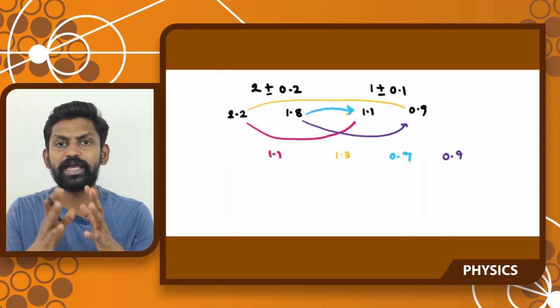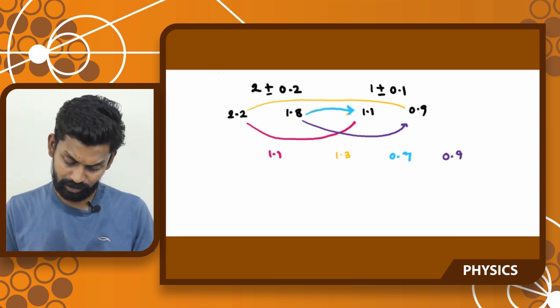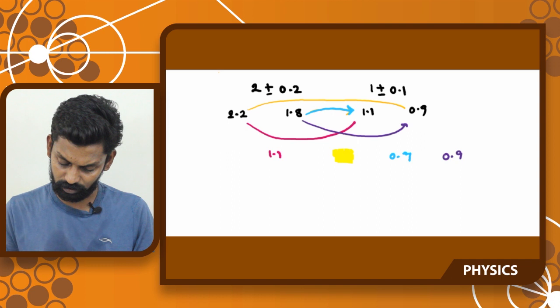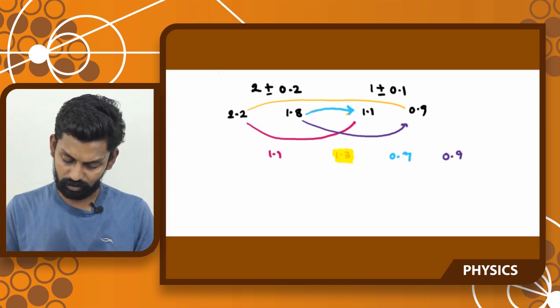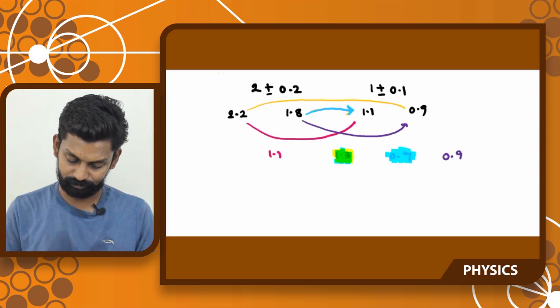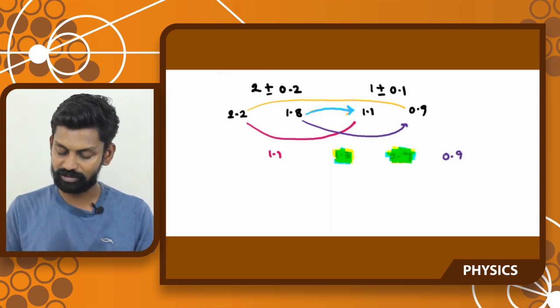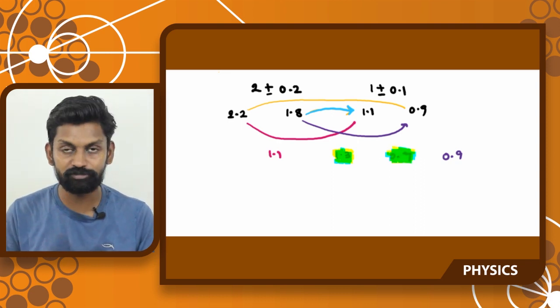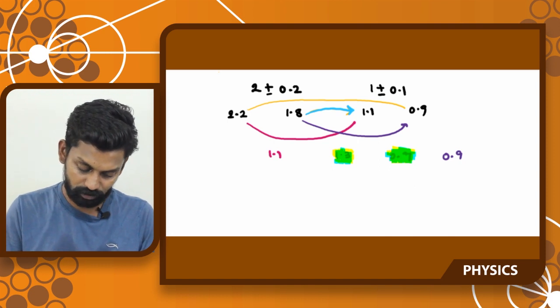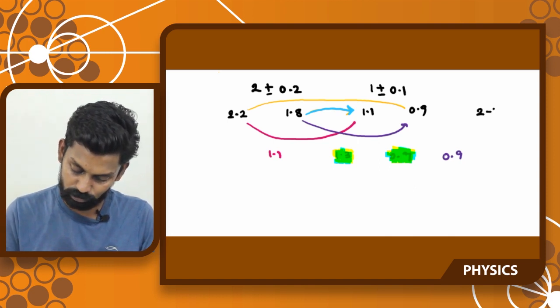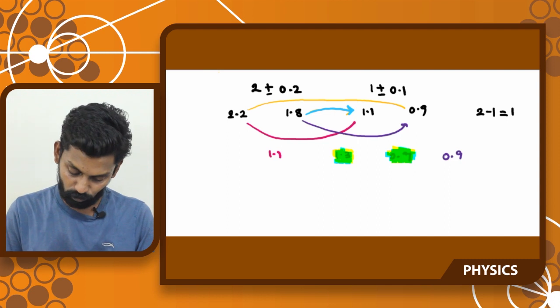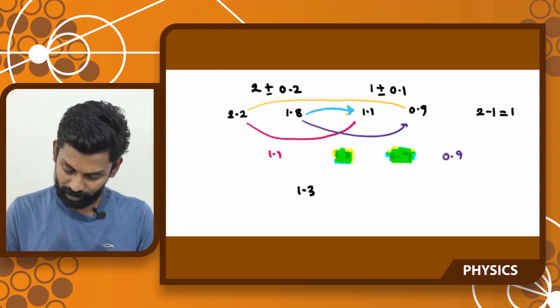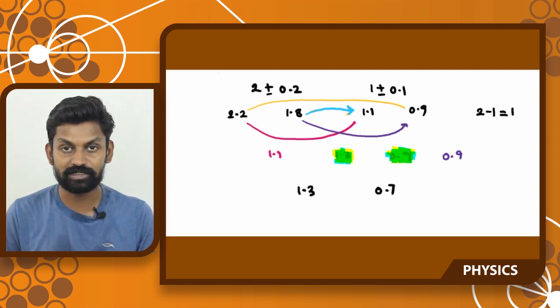If you look at the maximum and minimum values of our results, the maximum value is 1.3 and the minimum value is 0.7. And what is the true value of the subtraction? The true value is 2 minus 1, which is equal to 1. Here you got 1.3 as the maximum value and 0.7 as the minimum value.